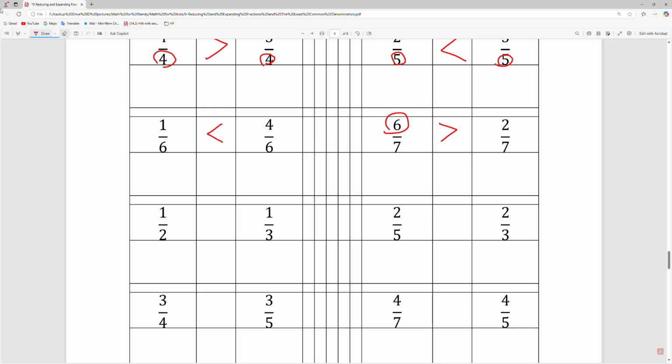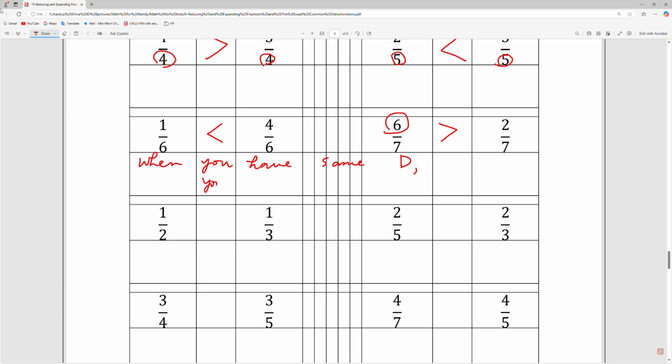So let me write down for you. When you have the same denominator, you compare the numerator.